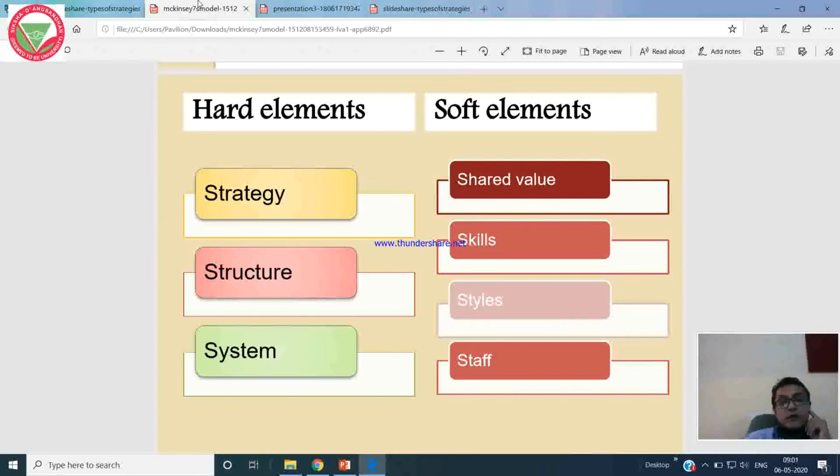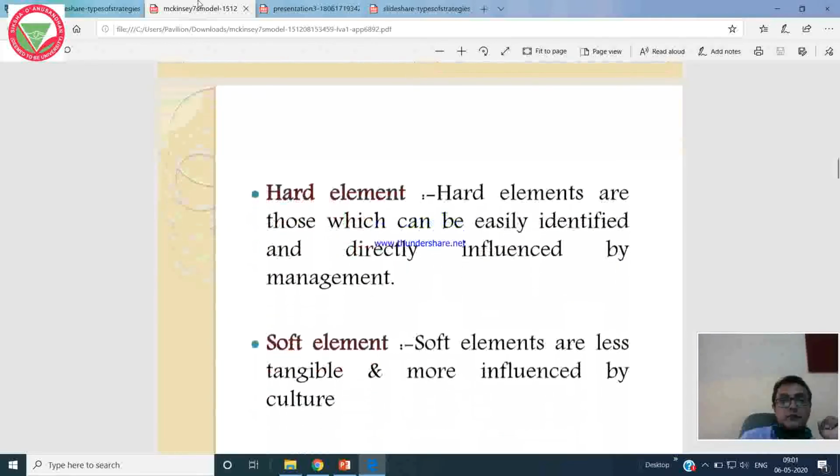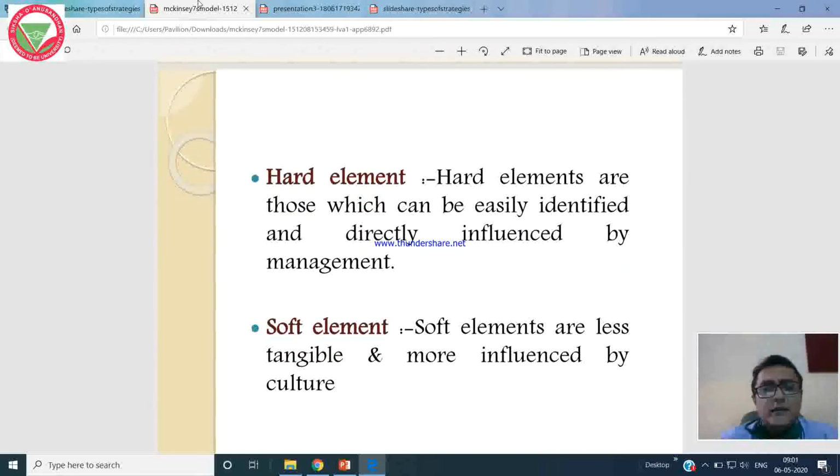So as we discussed, this 7S can be divided into two groups. The first group is known as your hard elements. Hard elements consist of strategy, structure, and systems, whereas the soft elements consist of shared values, skills, style, and staff. So what do you mean by these hard elements?